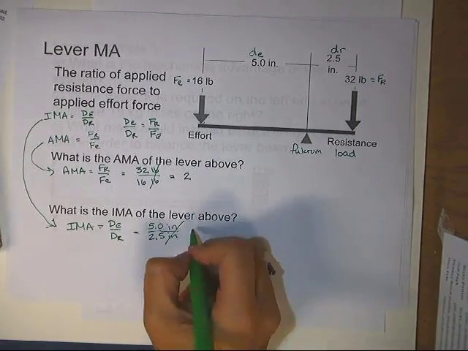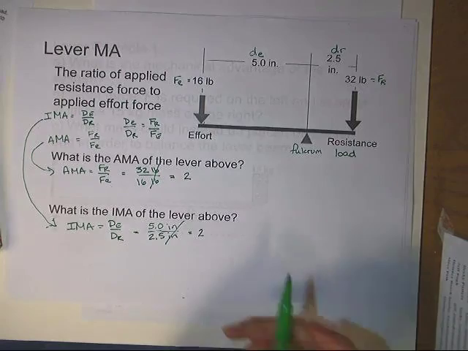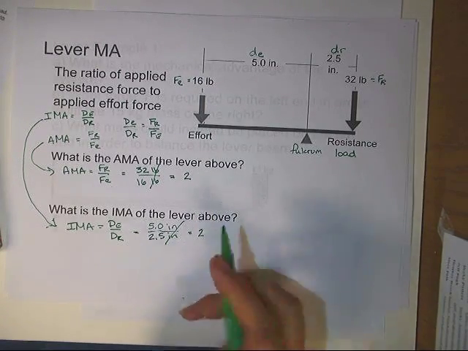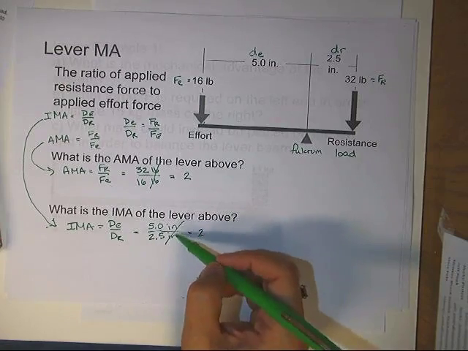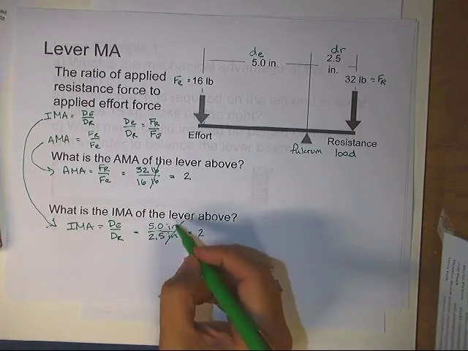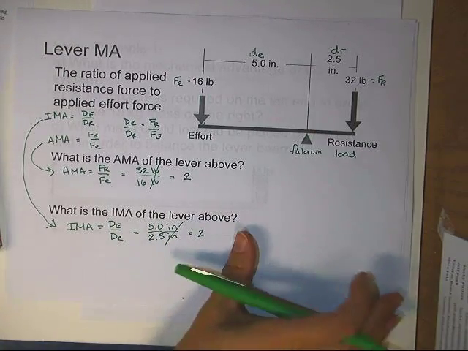Notice the units cancel, and again, if I divide this on my calculator, I get an MA of 2. These numbers should be the same if our efficiency is the same. What would have happened if one of these numbers here was given in feet and one in inches? That's right, you'd have to change the units so that the units are the same so that they'll cancel out.